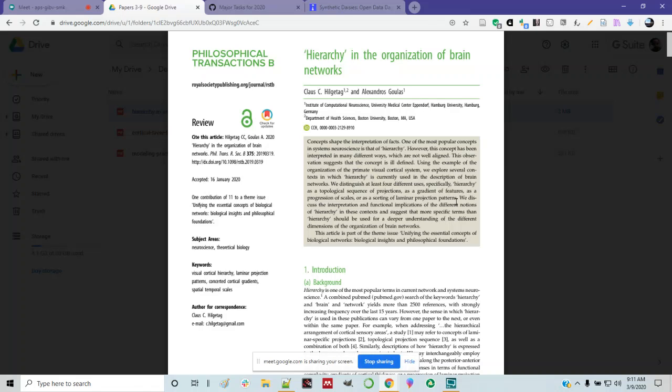Not getting into what those exactly mean, you can think of it in 2 different ways. One, they're saying something about connectivity, about how projections are made from one brain area to another, and that it's organized in an orderly fashion.